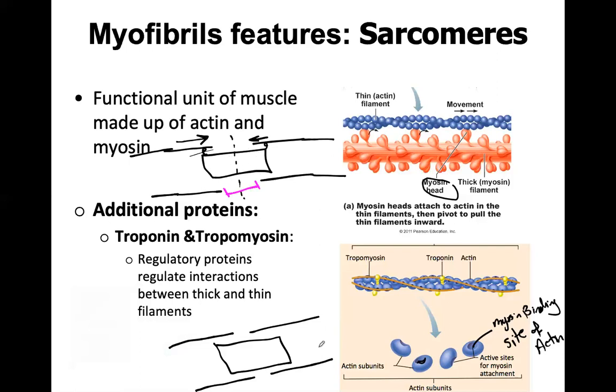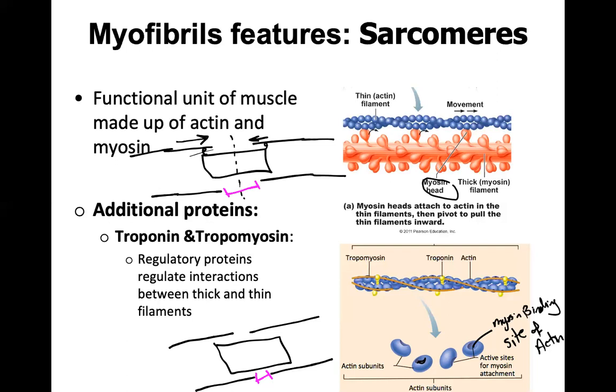But I only have myosin. Look at my H-zone now. It got shorter, right? So the H-zone is longer during muscle relaxation. The H-zone becomes shorter during muscle contraction. Again, the A-band remains the same during both muscle contraction and relaxation. And your I-band gets shortened as the muscle contracts because it increases its overlap with myosin.